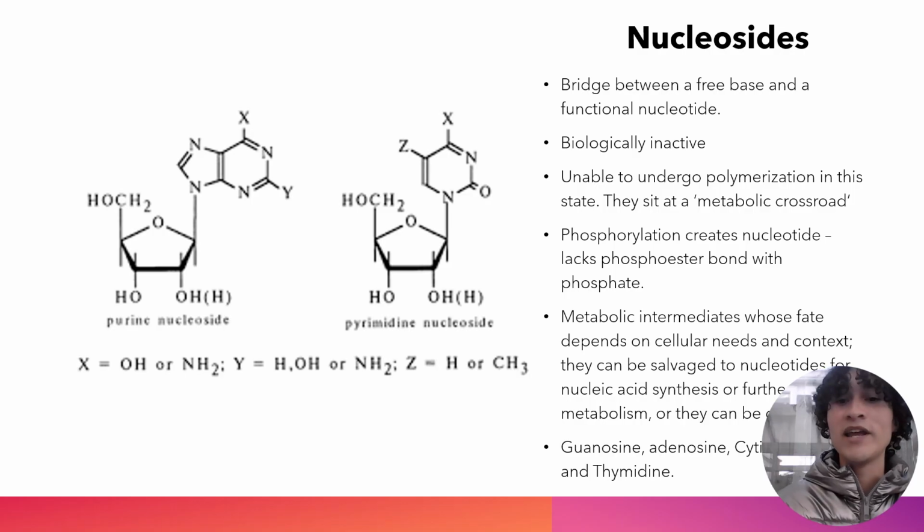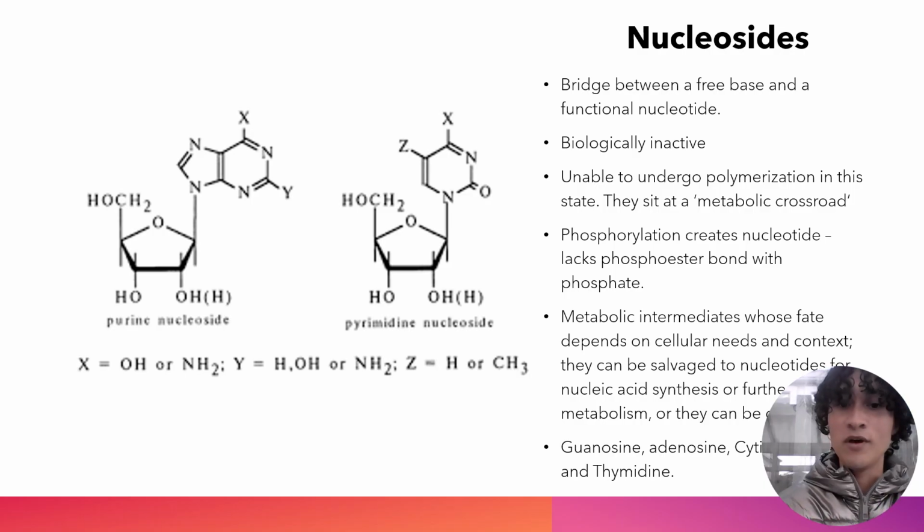So they're metabolic intermediates. Nucleosides can become nucleotides. This is almost like the pre-step, if you like, before DNA polymerization happens. However, their metabolic fate is quite flexible. It's determined depending on the cellular needs. So nucleosides can become nucleotides, but they won't necessarily become nucleotides for the purpose of DNA polymerization.